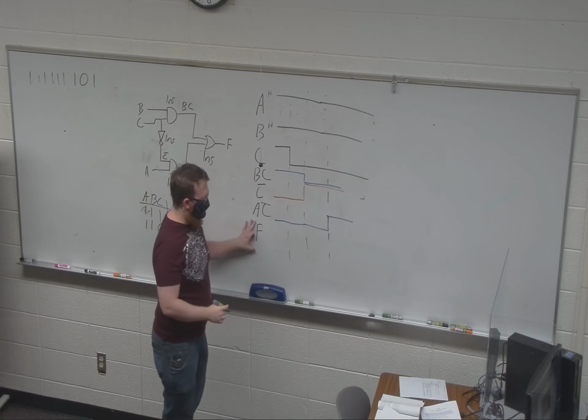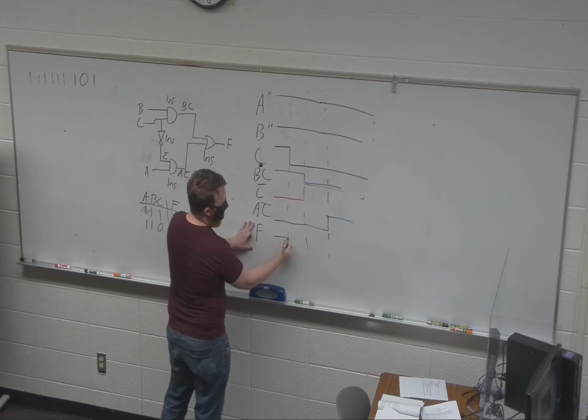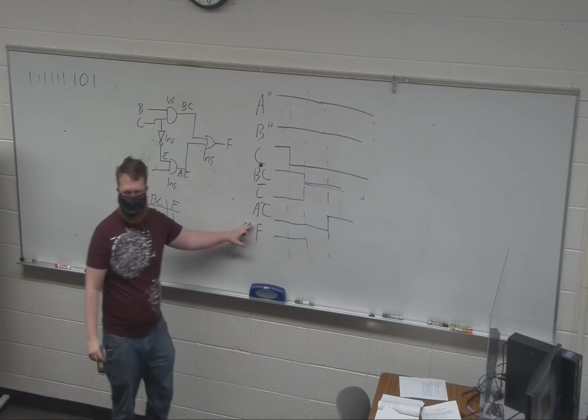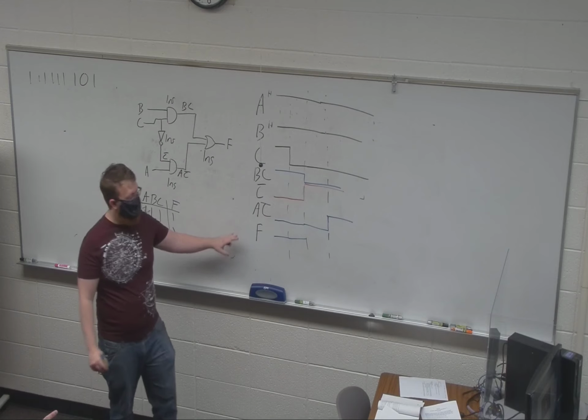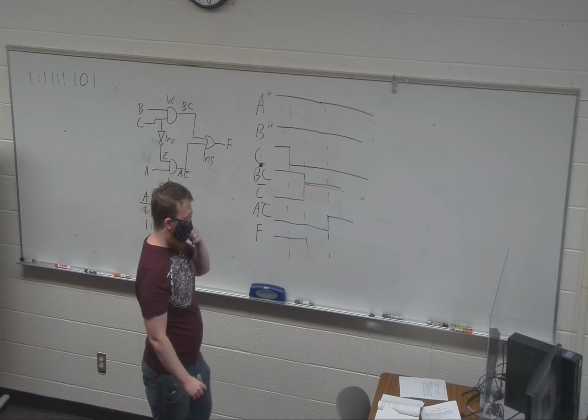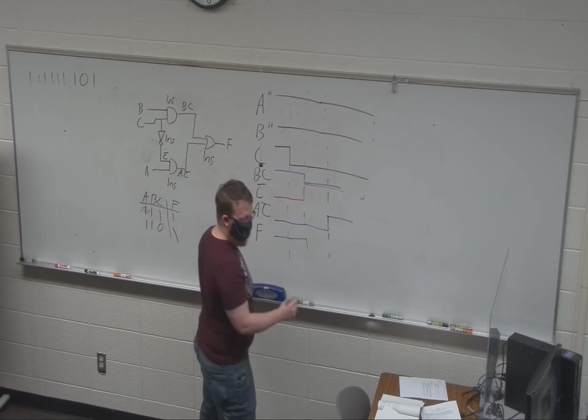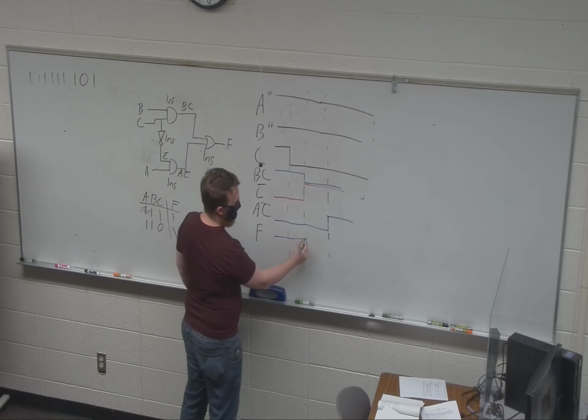Okay, so what's F doing? We know it starts out high, and we know there's a little bit of delay in there at the very least. Does it always stay high? Well, if you have a 1 nanosecond delay when it should flip down, it would flip one cycle after and then come back up.